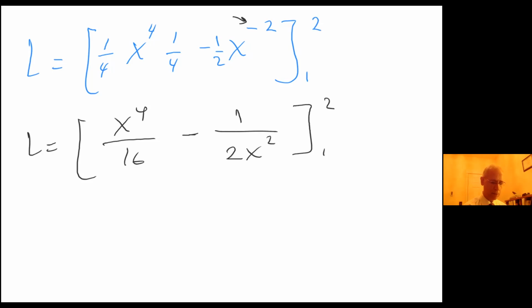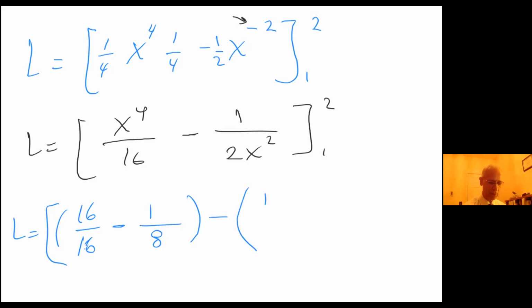So length equals, I'm going to go ahead and first put in the 2, of course, so I get 16/16 minus 1/2 squared, which is 4 times 2 is 8. And then when I put a 1 in there, I get 1/16 minus 1/2.